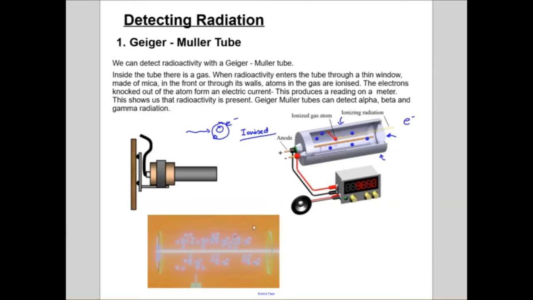So here in the animation, you could see that some of the electrons are getting generated because of ionization and getting attracted to the wire in the center. And when a sufficient amount of electrons are collected, they would start flowing in the circuit. And if you connect a counter or a speaker, you could see an increase in the count, or you could hear some popping sound.